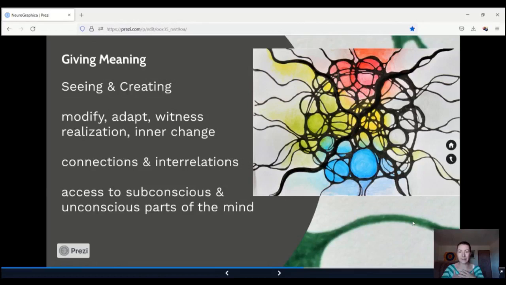How are my emotions about that? And with the meaning giving, we create connections that were not there before. We literally create connections in our brain that were not there before. We can see interrelationships between real things that we haven't seen before. And with that realization, we go back into life.